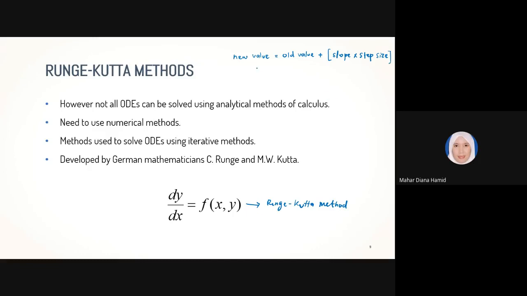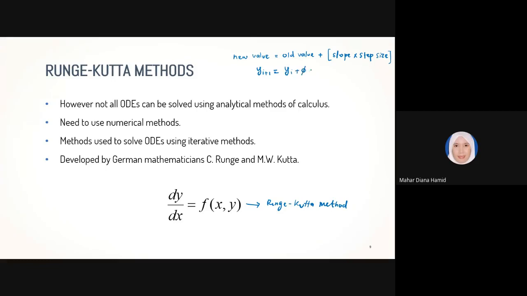If we write it in mathematical form, it would be y subscript i plus 1, which is the future value of y, equals y subscript i, the old value, plus phi.